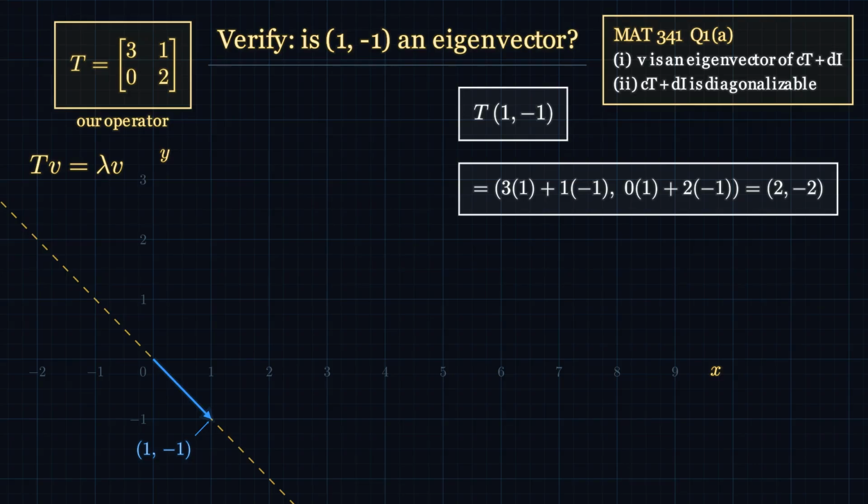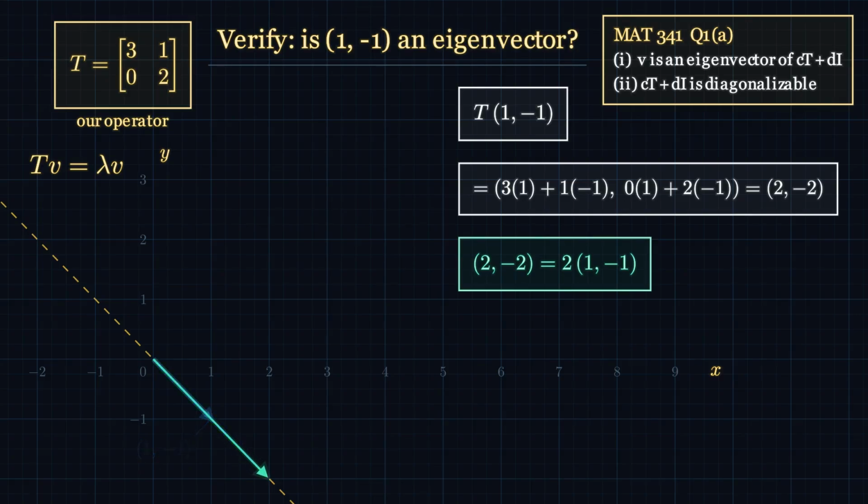Bottom entry, 0 times 1 plus 2 times negative 1, which is negative 2. Write line 2. The result is the arrow 2, negative 2. Write line 3. The arrow 2, negative 2 equals 2 times the arrow 1, negative 1.